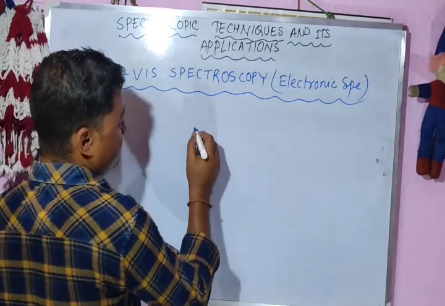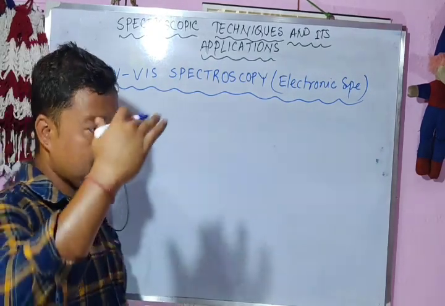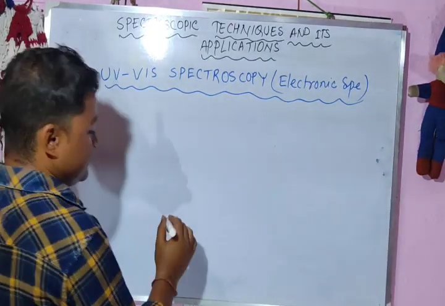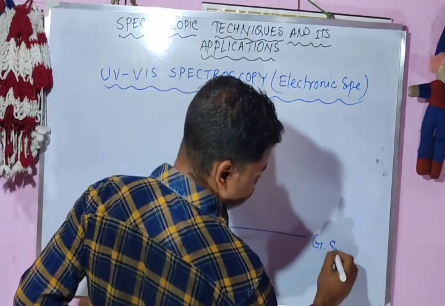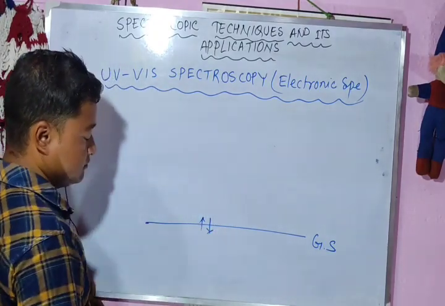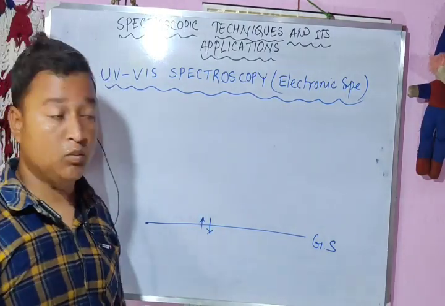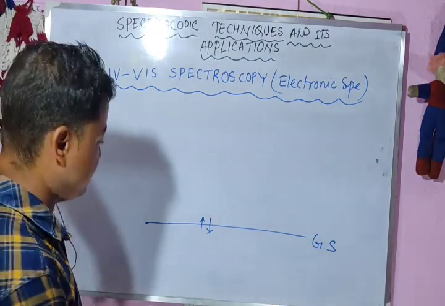That is, in molecules there are so many energy levels. That is the ground level, that is the ground state. Here the electrons stay more, and this is a more stable energy level.